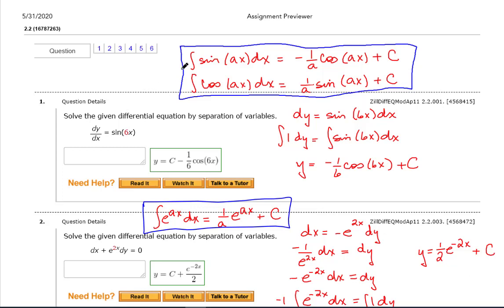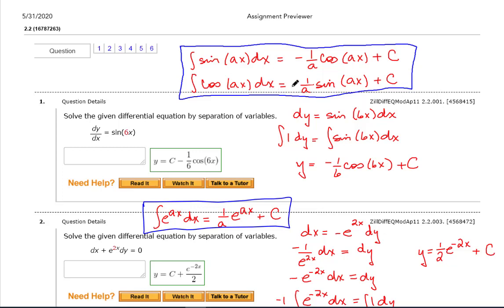Now in blue here, two sections of blue, I have some integrals that are solvable using substitution, but occur quite frequently, and you probably should commit them to memory. The integral of sine ax is minus 1 over a cosine ax.